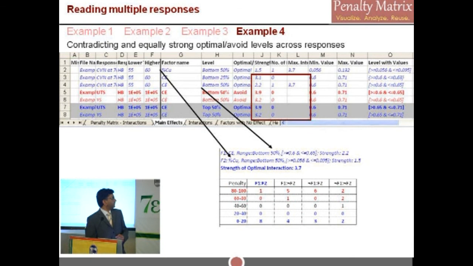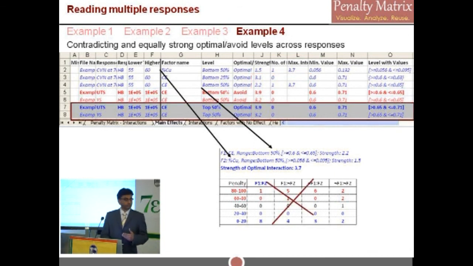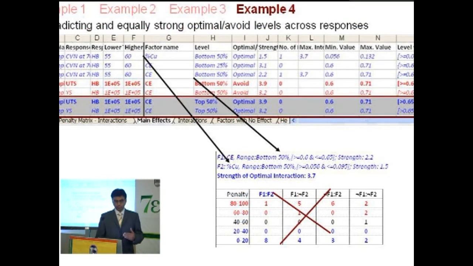Similarly, carbon equivalent and copper. We got these interactions, but we get a problem with this interaction because of the choices we have made on copper. Therefore, sometimes we ignore some of the interactions because we can't adopt everything.